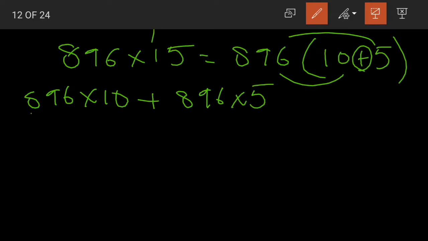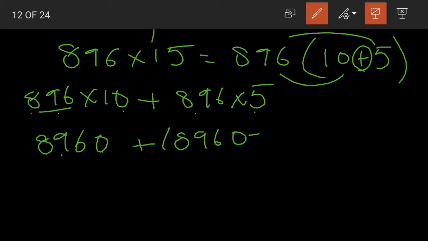Yes, children, 896 into 10 becomes what? Just the number with a 0: 8960. Plus. Now what to do for multiplication with 5? We need to divide the product of 10, that is 8960, by 2. Now what is the answer here?